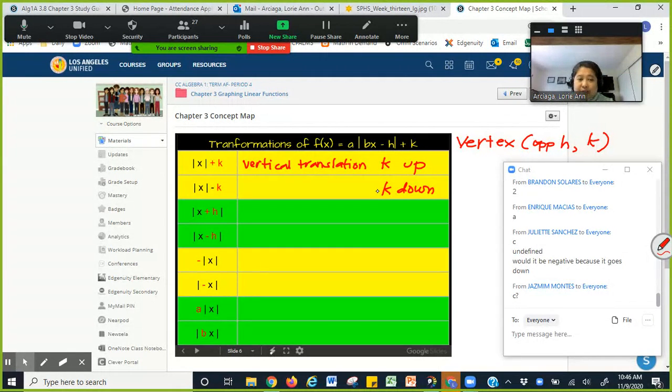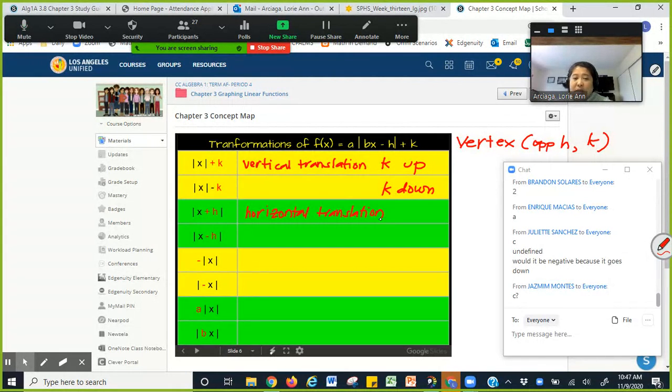But if it's inside the bar, it's going to be a horizontal translation. I can hear my stomach growling. If the number being added or subtracted is inside the absolute value bar, just like what we did last time, we get the opposite of the number.